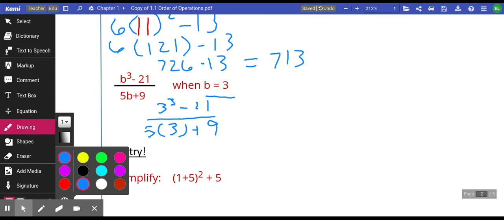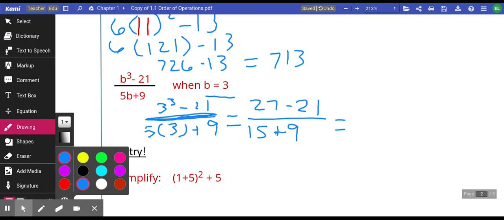So I must simplify both the numerator and the denominator before dividing, since, as we said before, this fraction bar is a grouping symbol. So 3 cubed is 27, and 5 times 3 is 15. And I can subtract up top and add on the bottom, and I get 6 divided by 24.